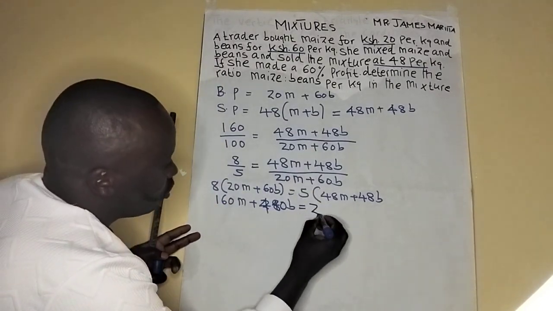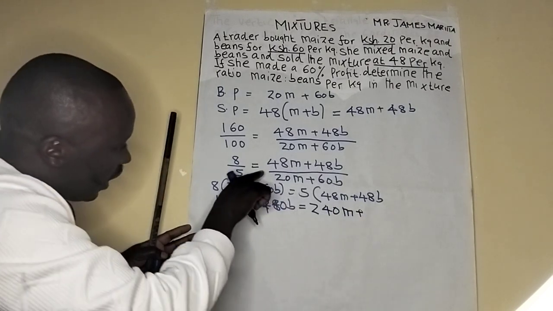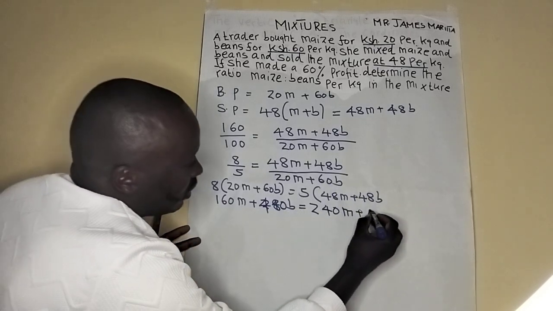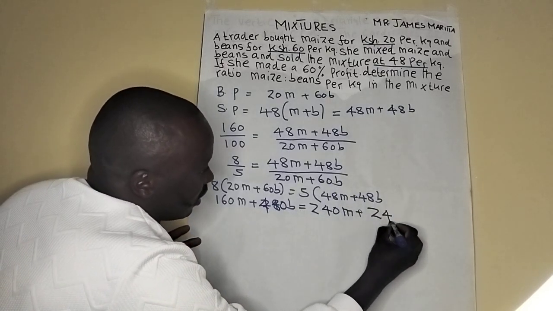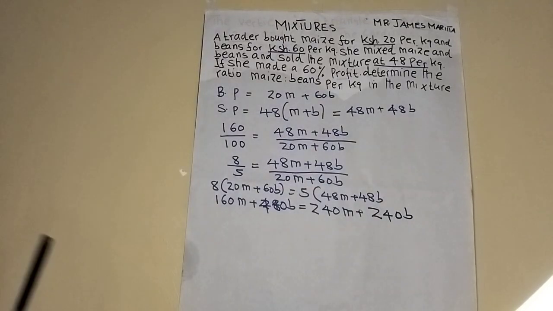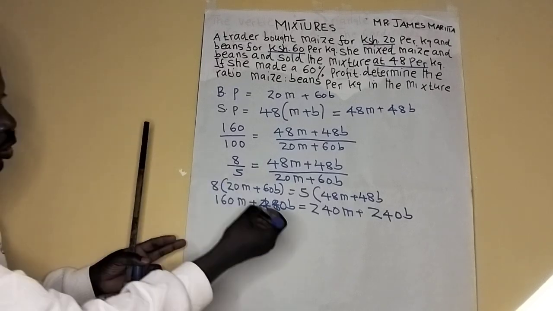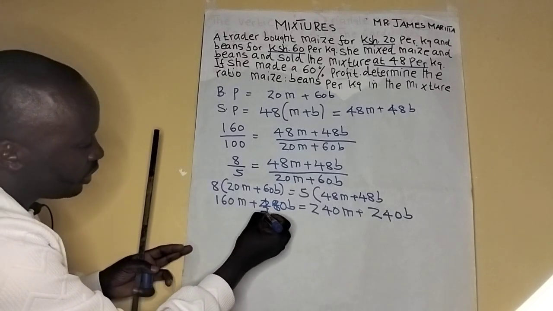then plus 5 times 48, giving us 240P. So we can collect our like terms together.